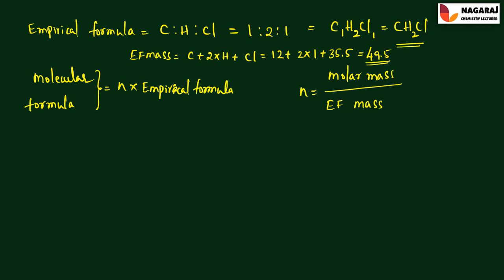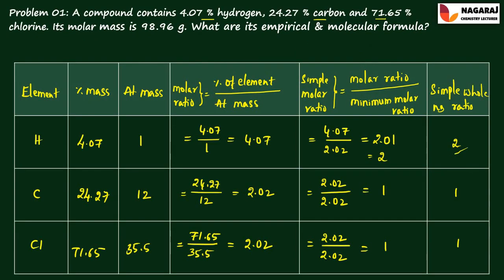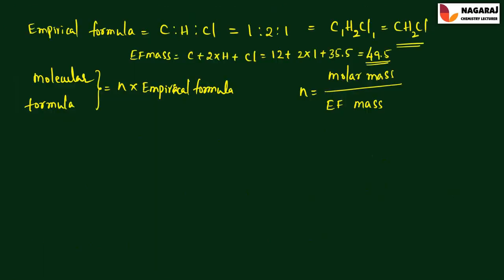The molar mass is already given in the problem as 98.96 grams. So 98.96 divided by the empirical formula mass 49.5 gives 1.999, which is nearly equal to 2, that is n is equal to 2.